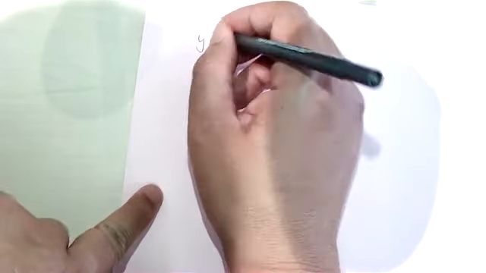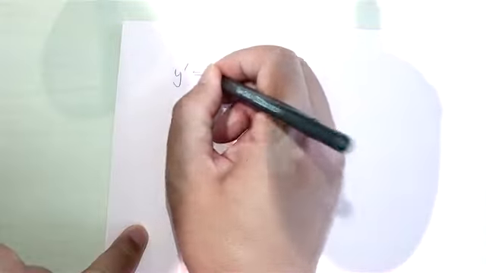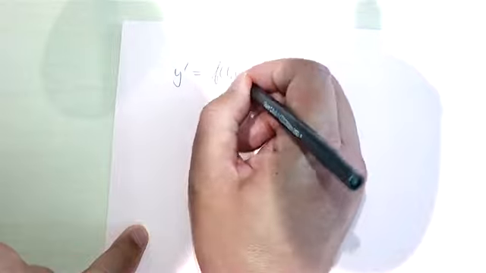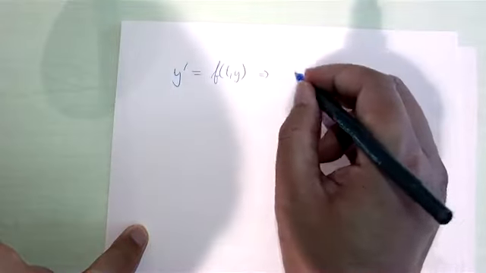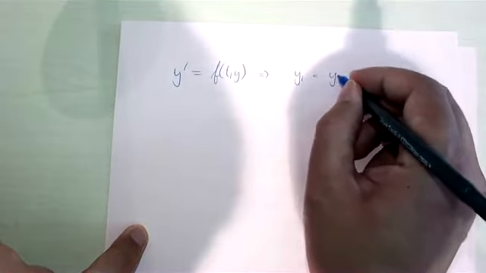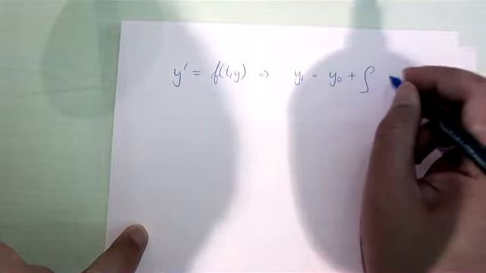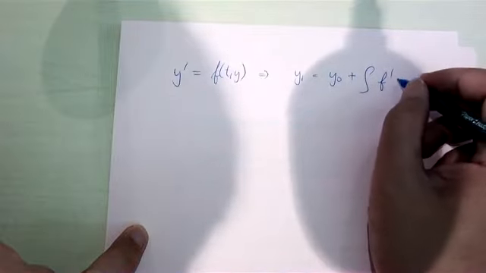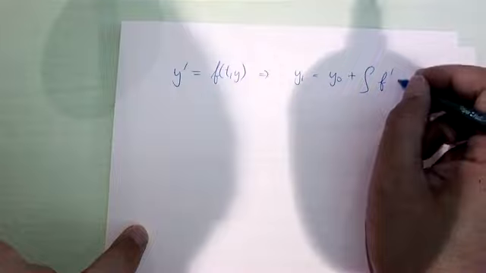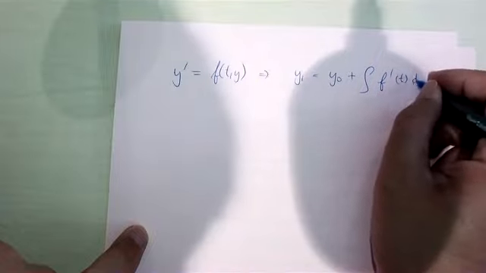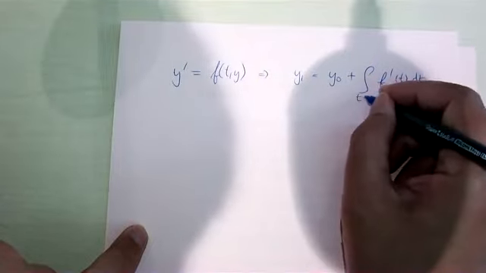We have y prime equal f of t, y, and then y1 equals y0 plus the integral of f from t0 to t1.